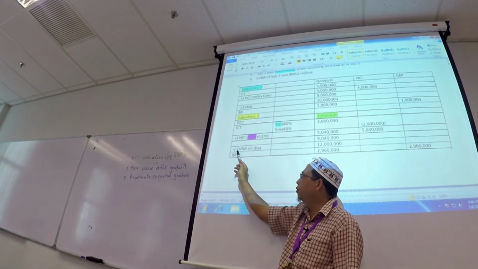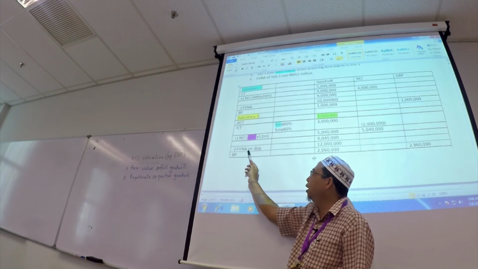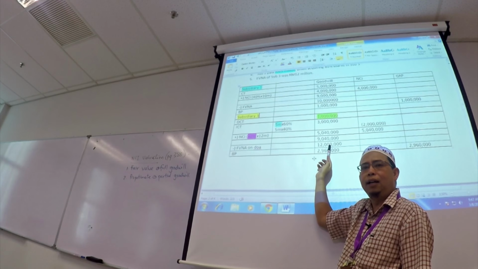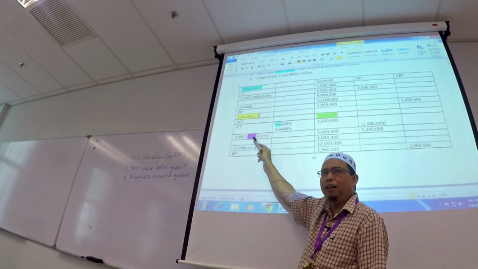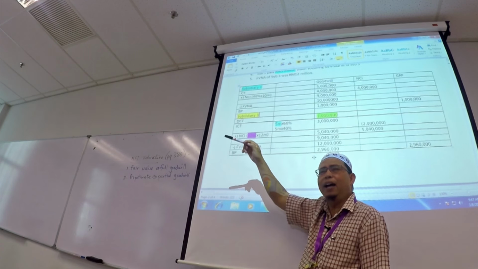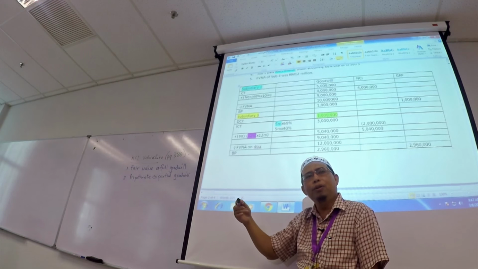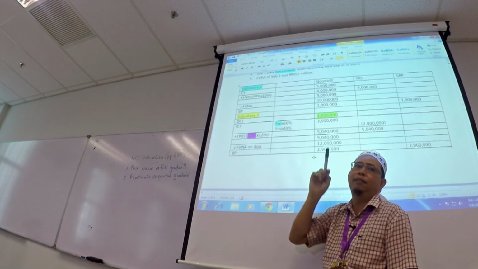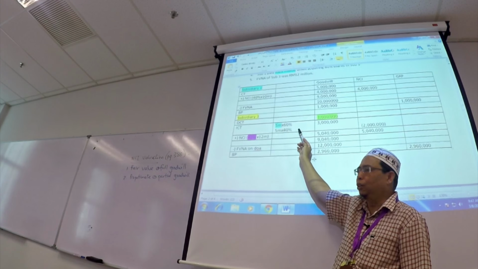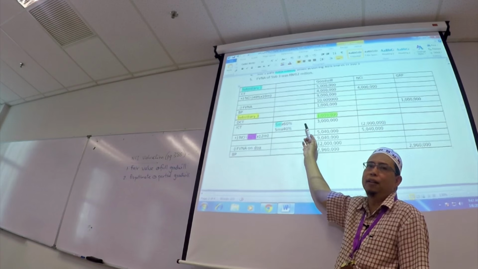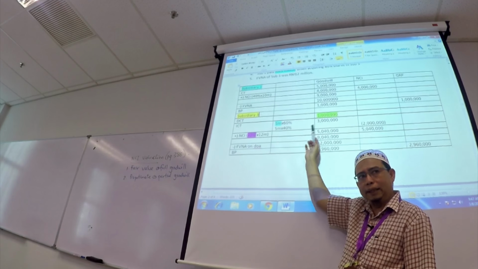If you look at this one, the fair value of net assets of the subsidiary was 12 million. Out of the 12 million, 42% belongs to the NCI. So NCI has a certain proportion of that fair value. So this is the fair value method, and this one is the proportionate or partial goodwill method.